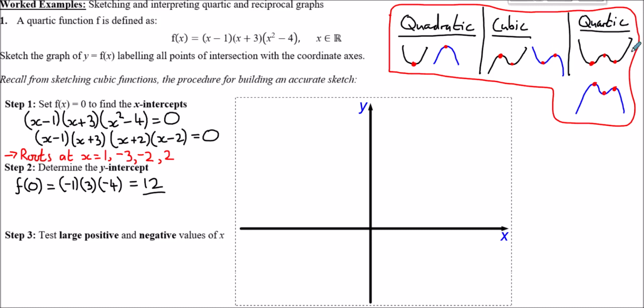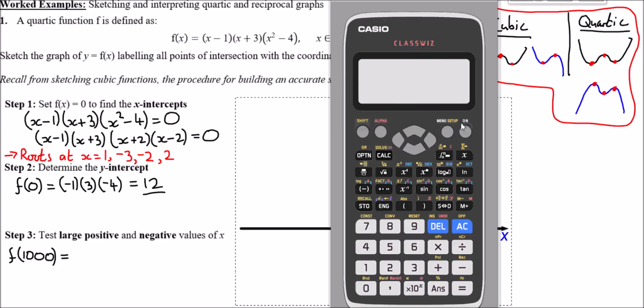But if you're not comfortable at this stage with that idea, by all means do test the values. So, just pick a large value. Let's say f of 1000. What we're expecting is that this is going to be really high up here, where f of x is huge. But don't take my word for it, try it on a calculator. So we're just going to use this expression here, but substitute 1000 for x.